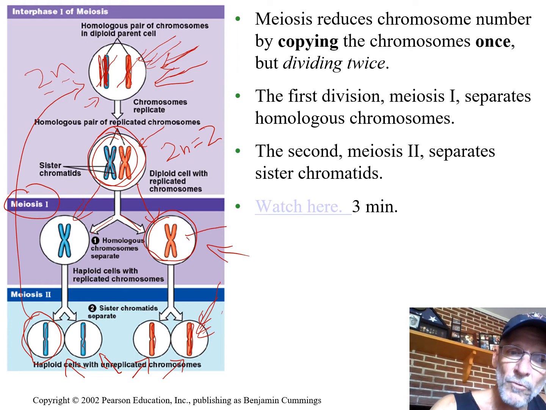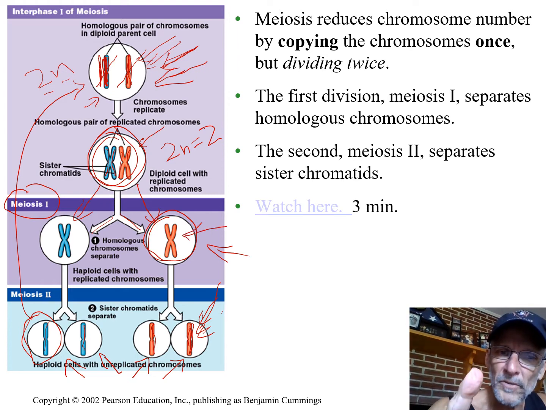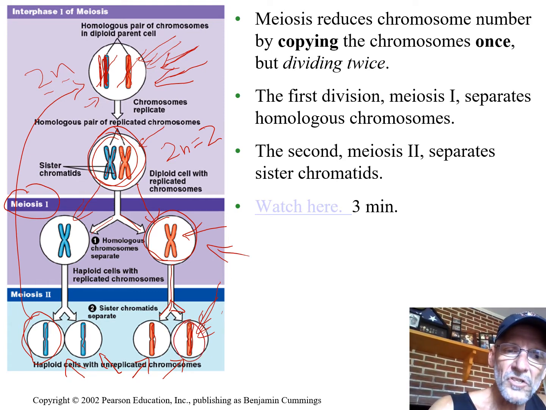It's double-stranded right now, but we call it just 1 chromosome. That means this cell is haploid. It's just got 1 set. In this case, 1 set is just 1, right? And our second division is going to get us down to cells that have just single-stranded chromosomes.